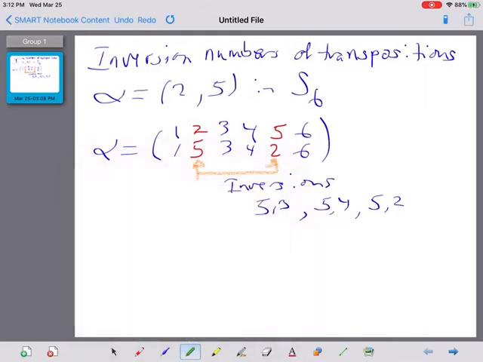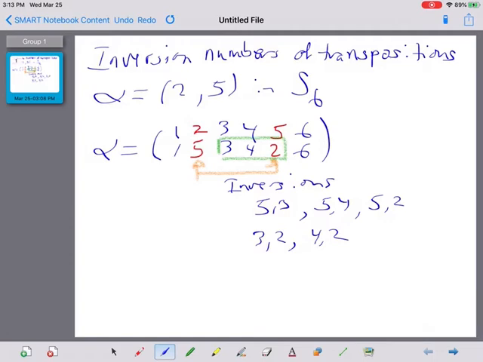If I look at this set of numbers, we get a couple more inversions, and the inversions there are going to be 3, 2 and 4, 2. And so every single inversion in this particular transposition involves things that are between the two red numbers.